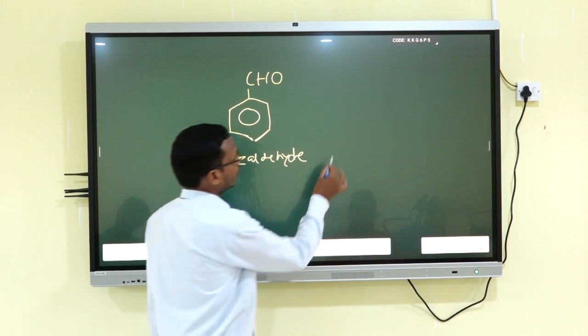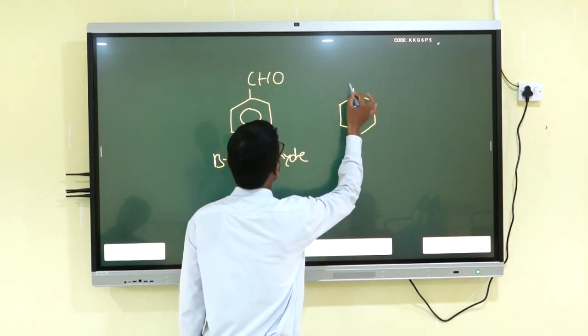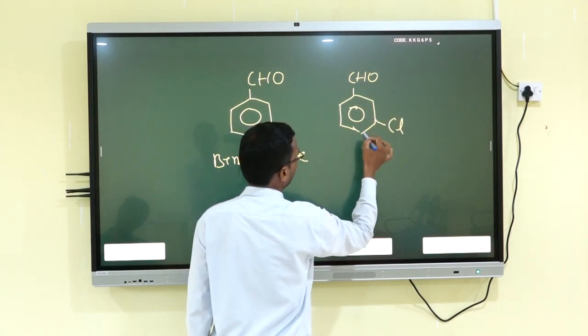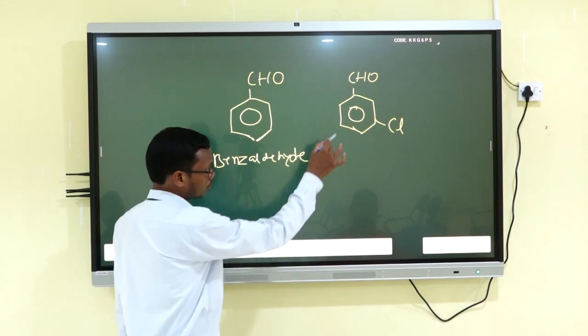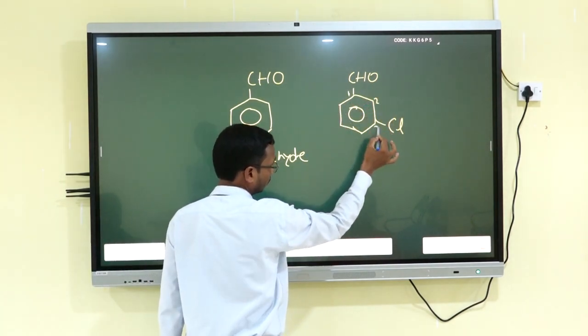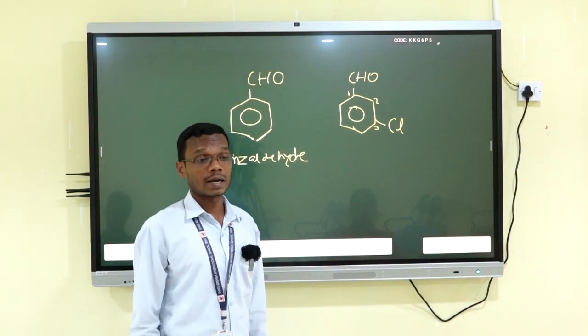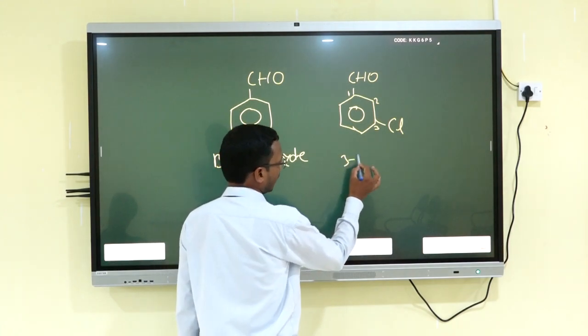Now name this one, CHO, Cl. CHO position is 1, 2, then 3. What is the name? 3-chlorobenzaldehyde or M-chlorobenzaldehyde.